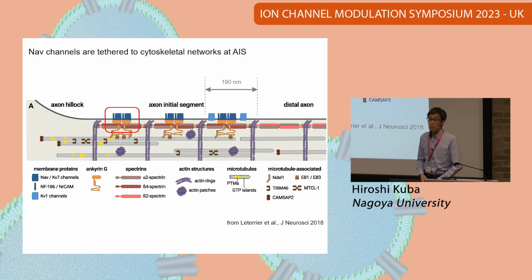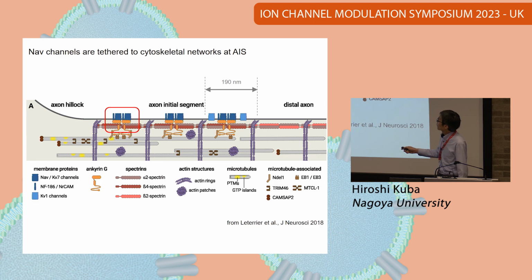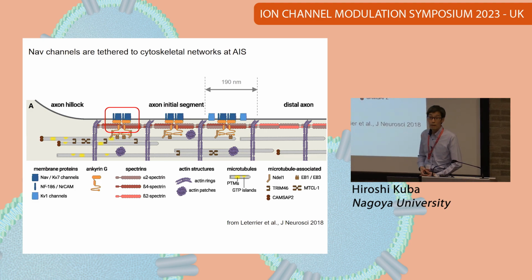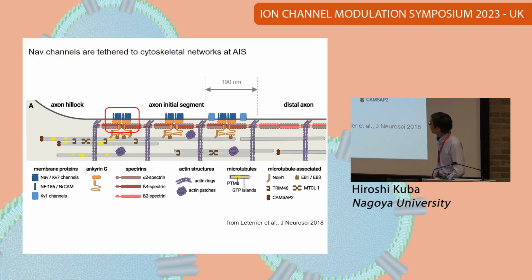All these form a huge protein complex, and it is characterized by a periodic arrangement of actin rings separated by spectrin tetramers at an interval of about 190 nanometers. Importantly, sodium channels are tethered to this actin-spectrin meshwork via their scaffold ankyrin G, which enables these channels to localize at this site.